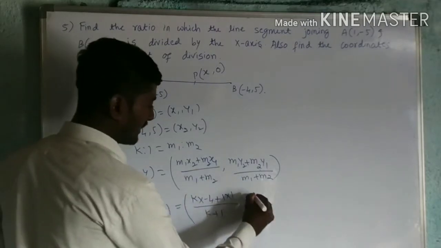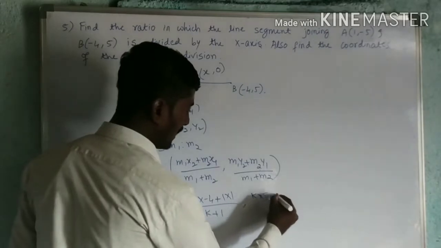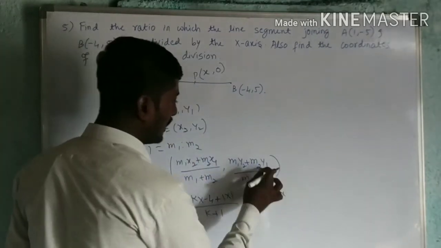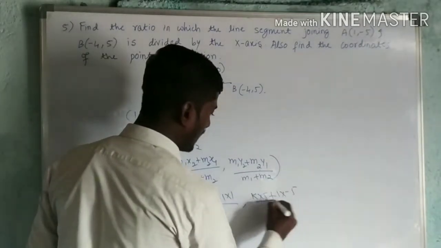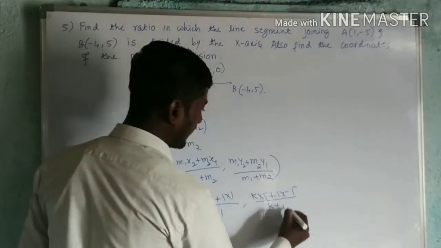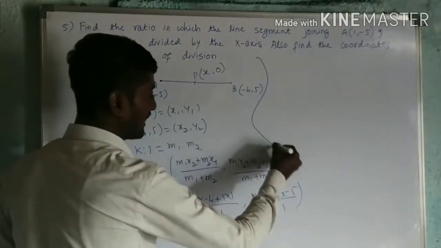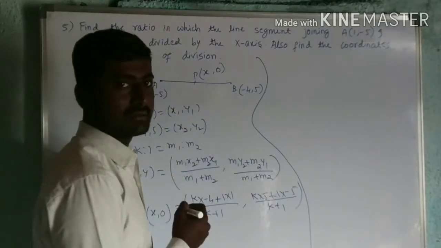Then m1, k, into y2, which is 5, plus m2, which is 1, into y1, which is -5, divided by k plus 1. Now I have to simplify this. I should get the value of k first, which means I have to find the ratio first.